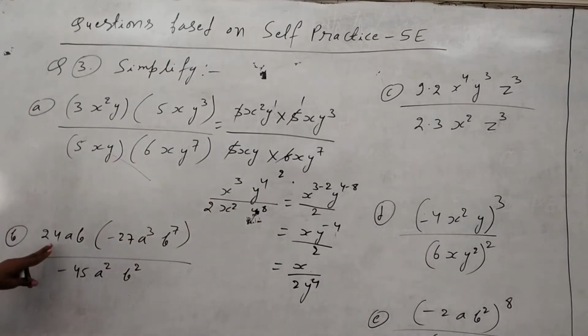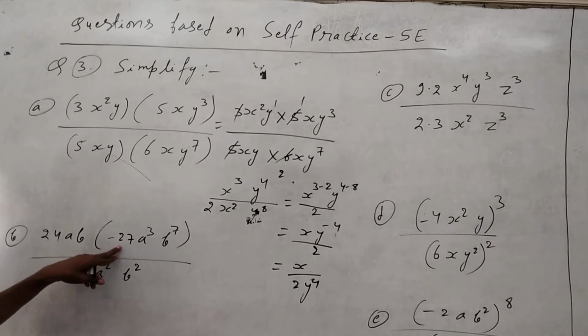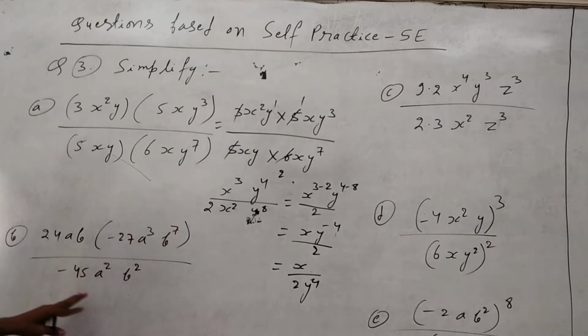Next question: 24ab multiplied by minus 27ab^7 upon minus 45a^2b^2. How will we simplify this?